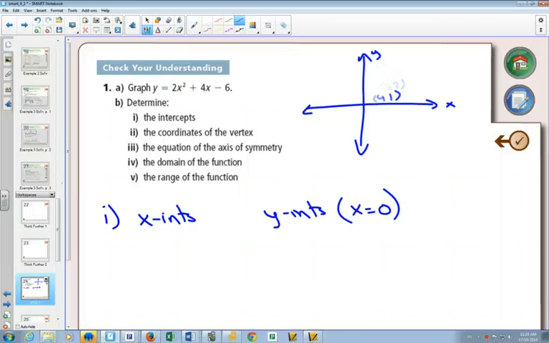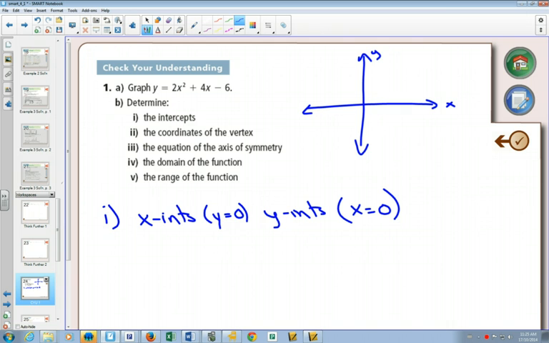What's going to happen for every single x-intercept? They all have a y-coordinate of 0, no matter where you put it. So when you want to find an x-intercept, you're going to make y equal to 0.